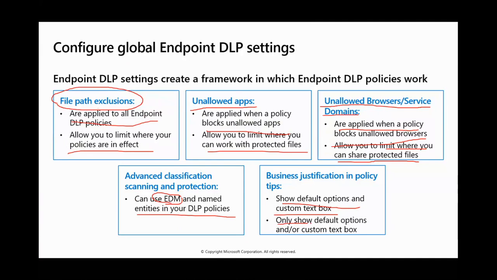Also, we can set it to only show default options and our custom text box. So if the default settings are not enough for us, in this case, we can extend these custom settings.